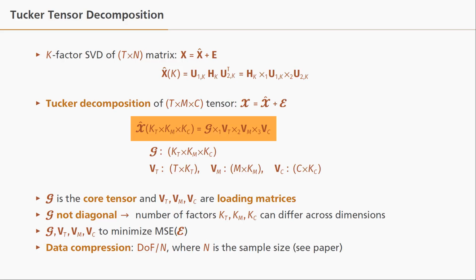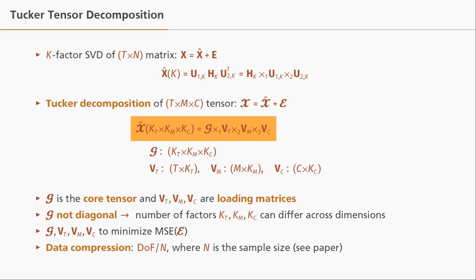Notation, okay, so I just showed you this. This is the SVD in tensor notation. And this is called the Tucker decomposition, right? So we have a large data tensor that we approximate by a lower dimensional object, right? And this is the approximation error.